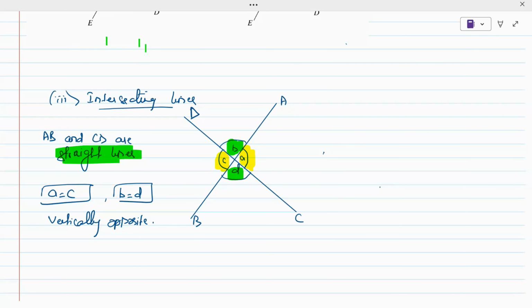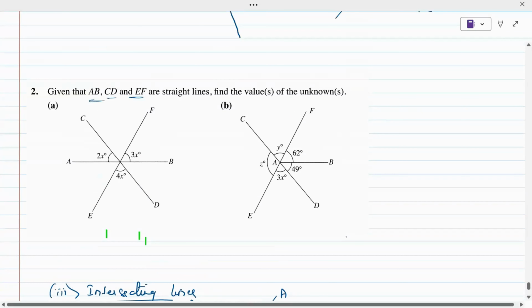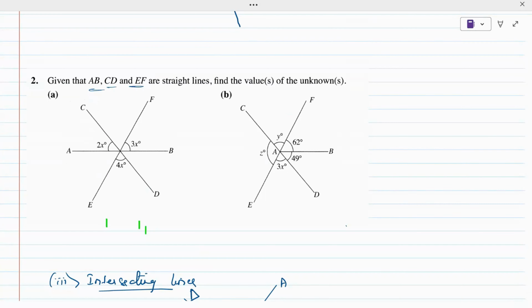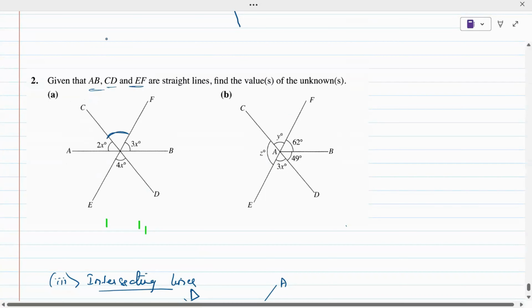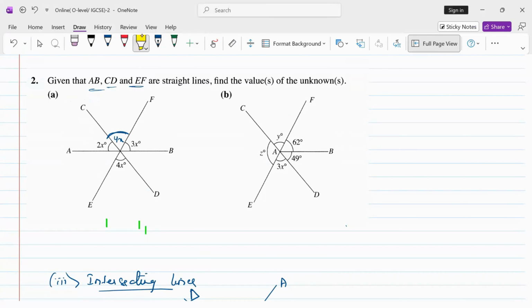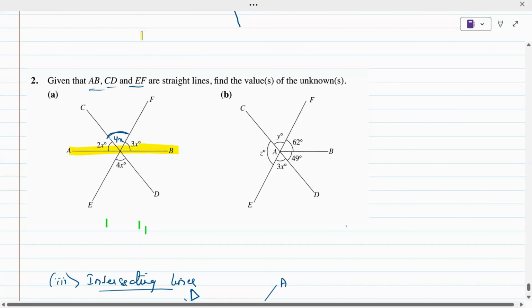Now, coming back to the example, here AB, CD, and EF are straight lines. The straight lines means we can expect the vertically opposite angles property to be applied as well in this question. So since EF and CD are vertically opposite, this angle formed will also be 4x. So if this is 4x, then we can see the straight line having three angles involved.